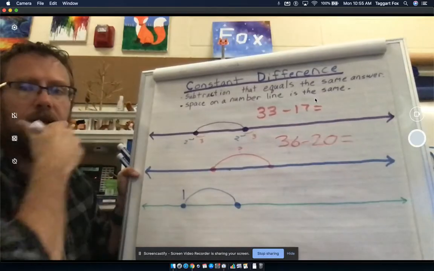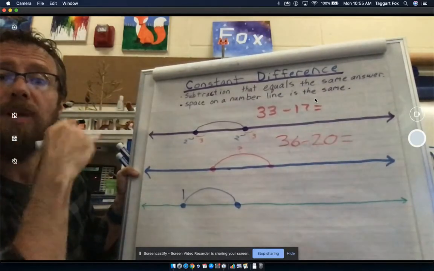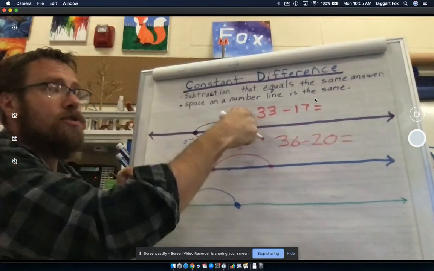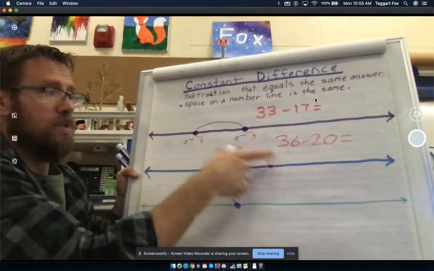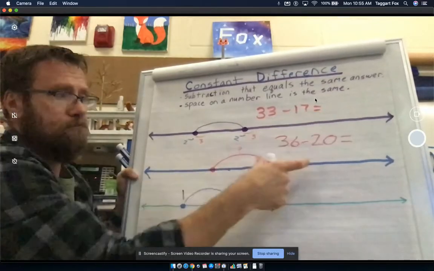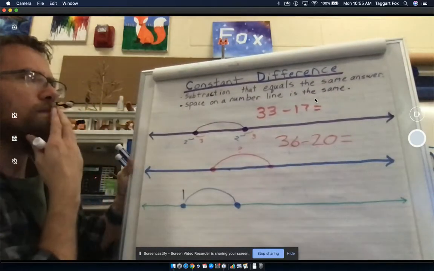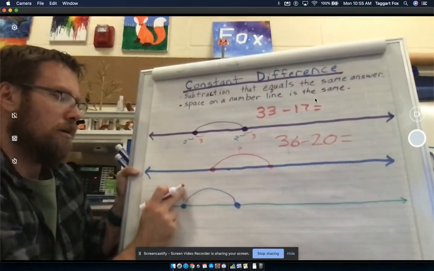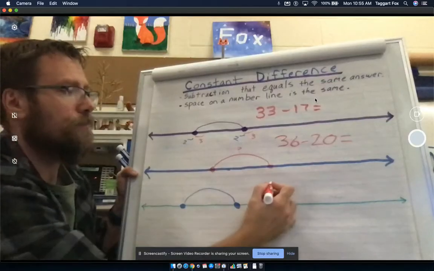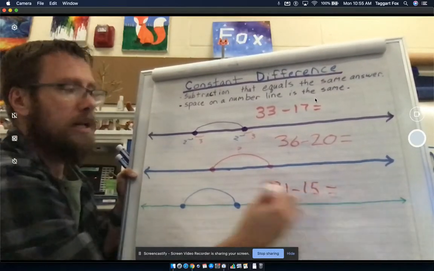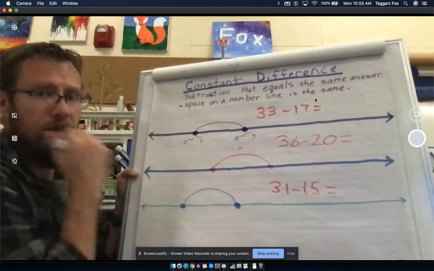Now, take a look at that. 36 minus 20 becomes a problem I can do in my head, and the answer is still the same because I just shifted our originals up 3. Now, down 2 isn't especially helpful here. Our new problem would be 31 minus 15, but it would still equal the same answer.